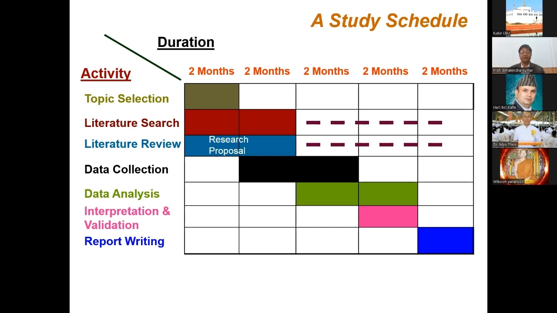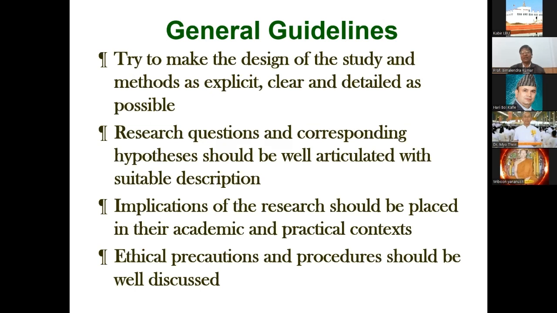And the last 2 months are for the validity of the research questions for your research proposals, as well as how you are going to interpret those ideas or concepts. You have to make it. And then the last 2 months are for report writing also. So this is the table through which one can understand all these things.